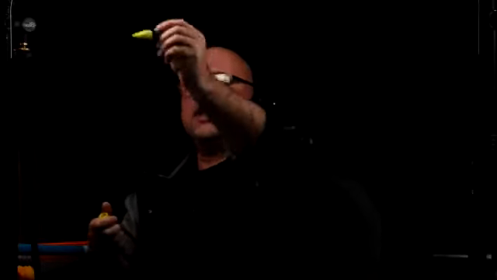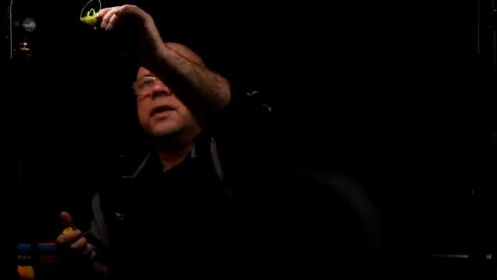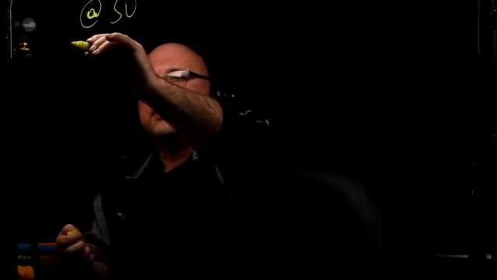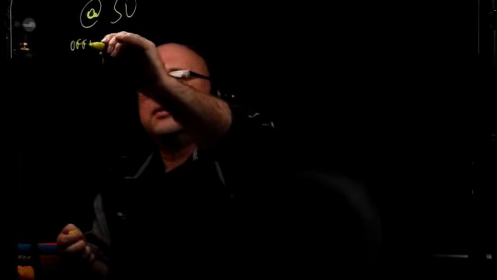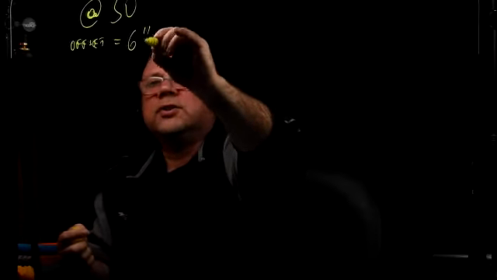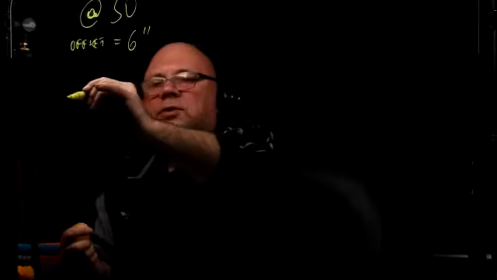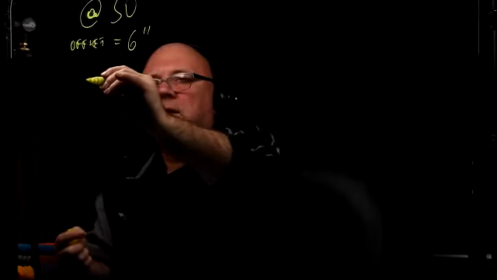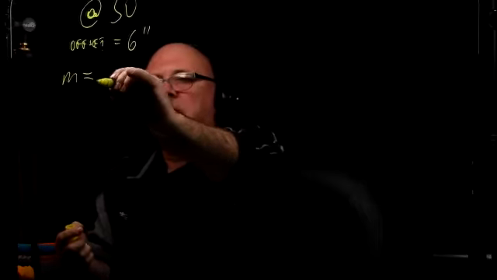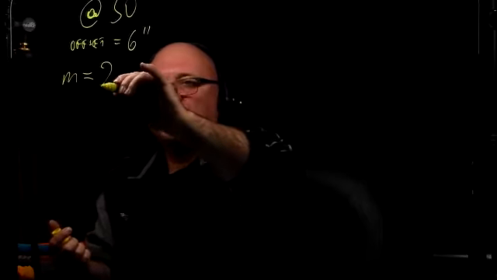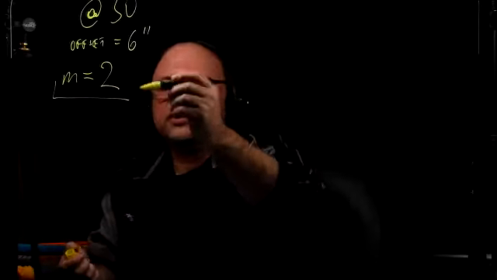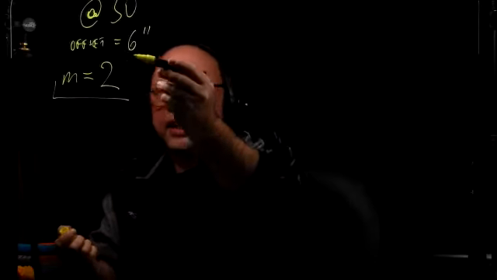Right, so we have, at 30 degrees, the offset equals 6 inches. So let's find out the multiplier. The multiplier we already know, because the multiplier is 2, because we calculated that, right? That's 1 over the sine of the angle.